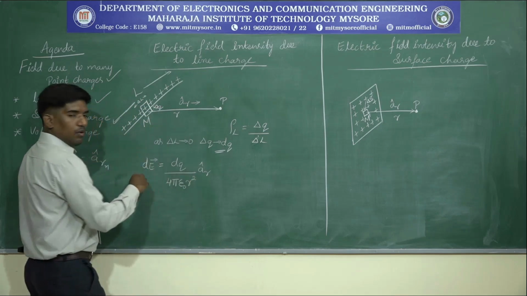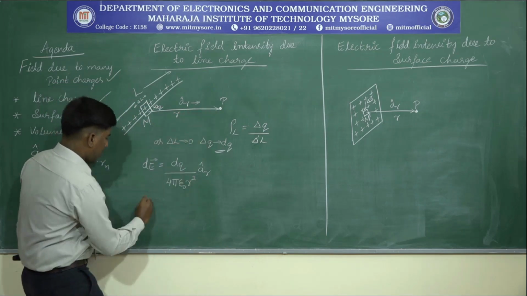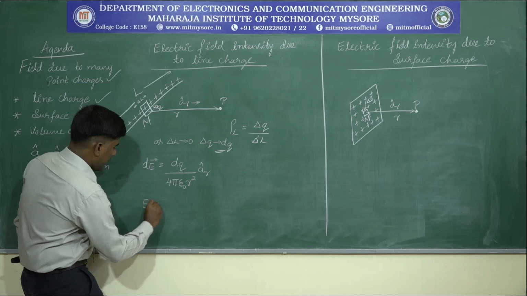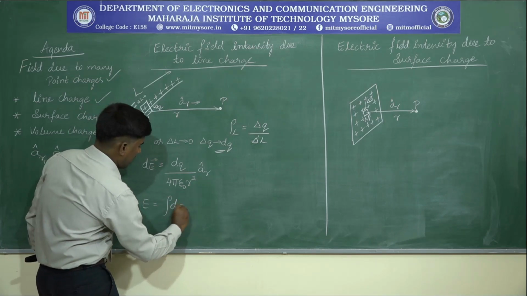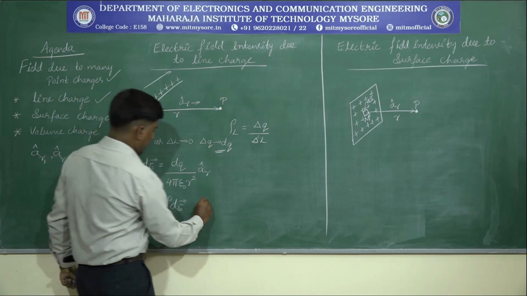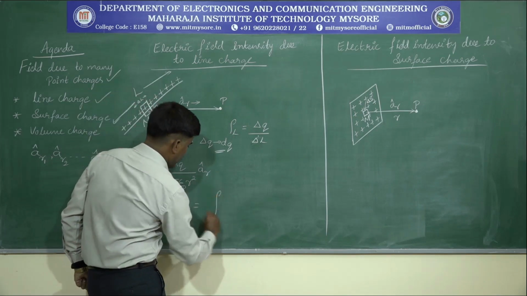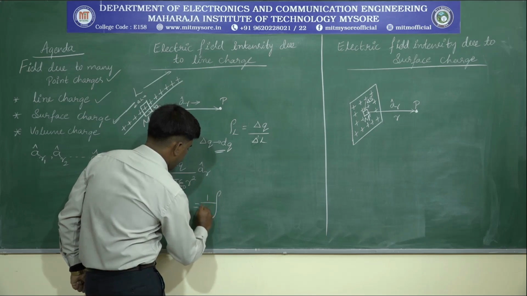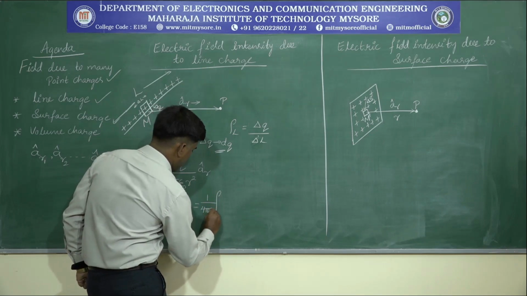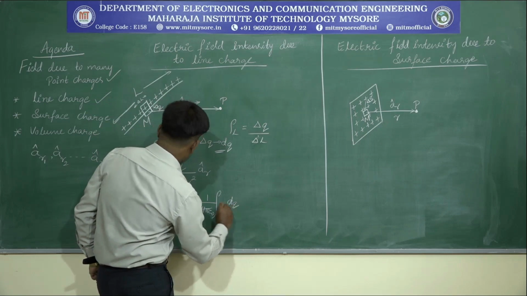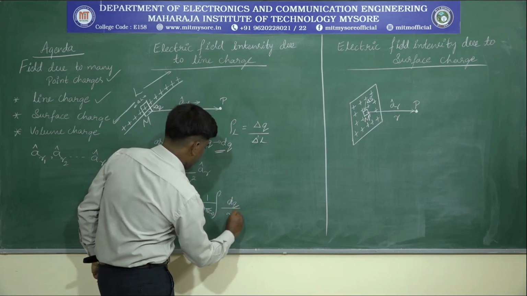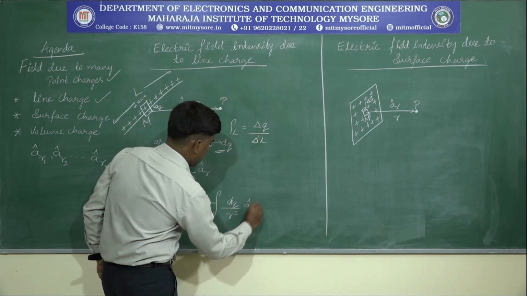So the overall field intensity at point P is given by E is equal to the integral of dE. In a similar fashion, we can write the integral of 1 by 4 pi epsilon naught into dQ divided by r square into a cap r.